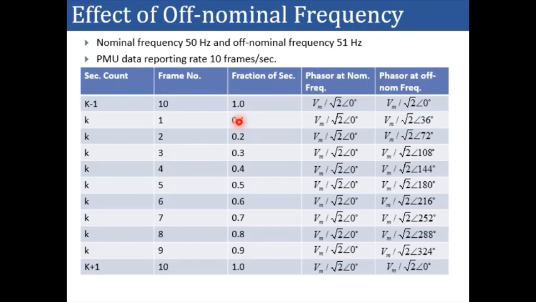So if you sample the data with nominal frequency and take the phasor value which is now at 51 hertz, that is off nominal frequency, on the phasor plane you will see that the phasor is rotating with these angle values. So the effect of off nominal frequency is that the phasor value will not be static, it will keep on rotating in the plane.